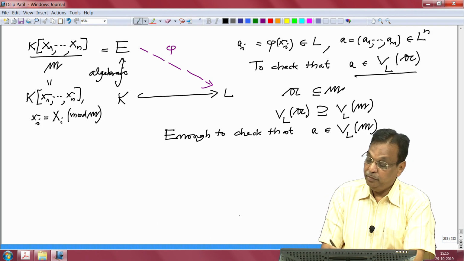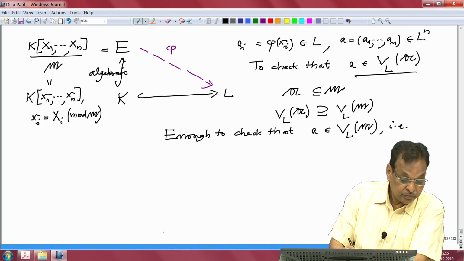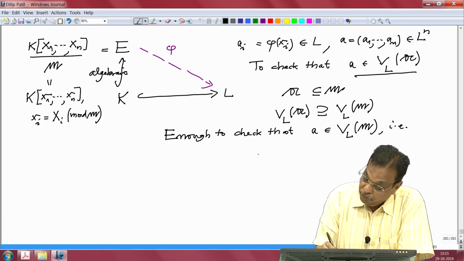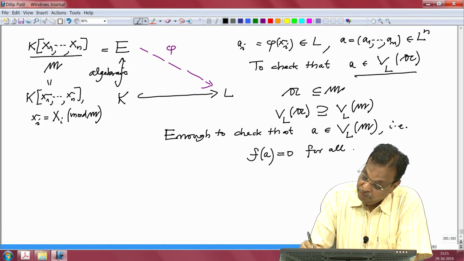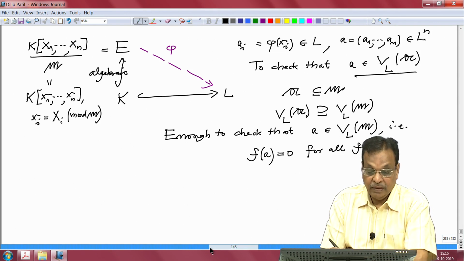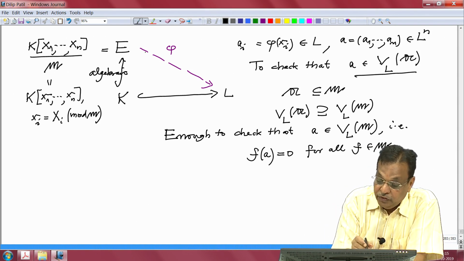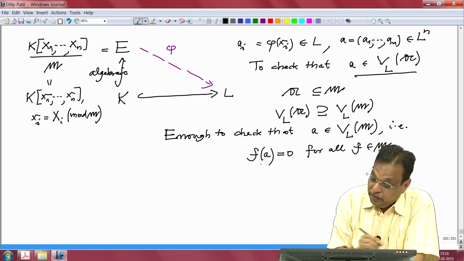What does that mean? That means f of a is 0 for all f in M. But well, this phi is a map from E to L. So what is f of a?